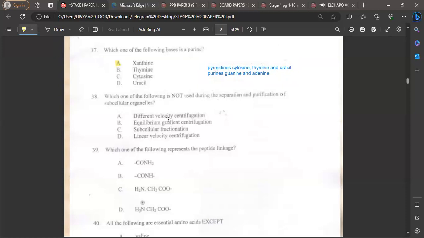Let's move. Okay, so which one of the following is not used during the separation or purification of subcellular organelles? There is differential velocity centrifugation, equilibrium gradient centrifugation, subcellular fractionation, and linear velocity centrifugation.